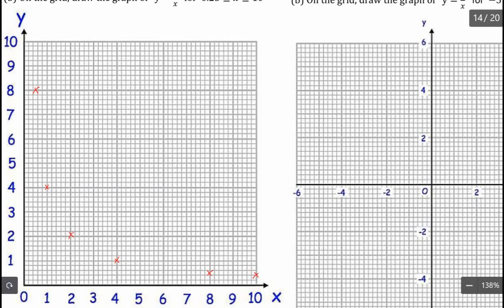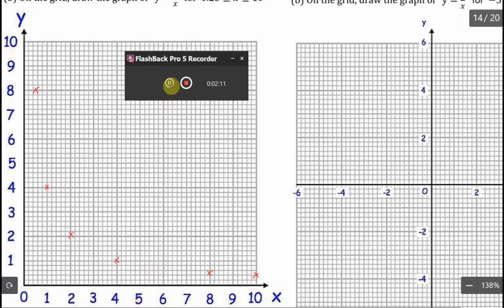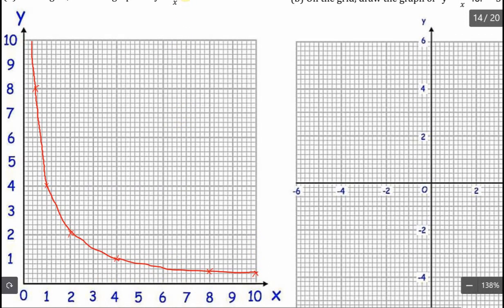Okay, so you can see that it has made this sweeping shape, which I'm now going to try and probably do very badly, connect up with a nice curve, because this is clearly not a straight line. So there'll probably be a pause in the video here where I mess this up a few times, and then it'll appear. Okay, that's what the graph's going to look like.